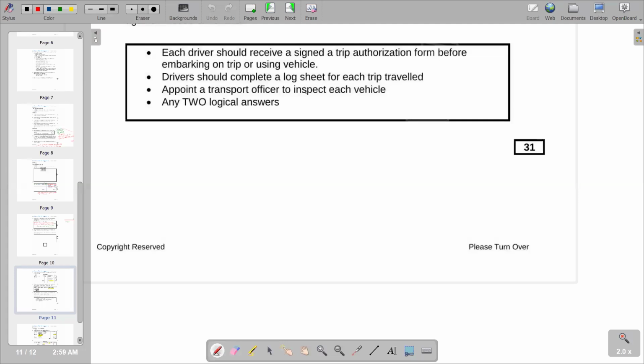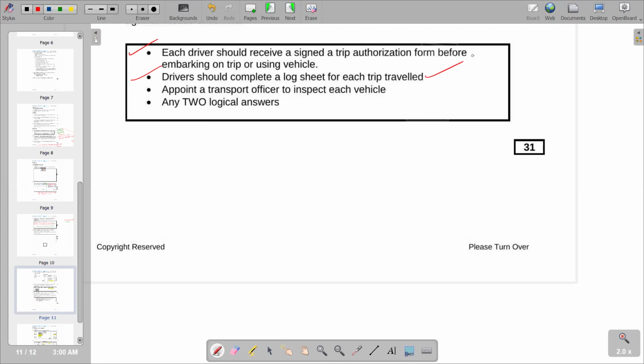These are the control measures that we have. The first one: each driver should receive a signed trip authorization form before embarking on a trip or using the vehicle. Then the second one: drivers should complete a log sheet for each trip traveled.